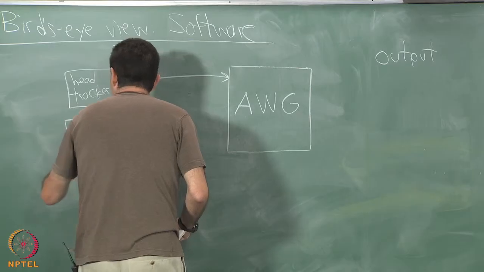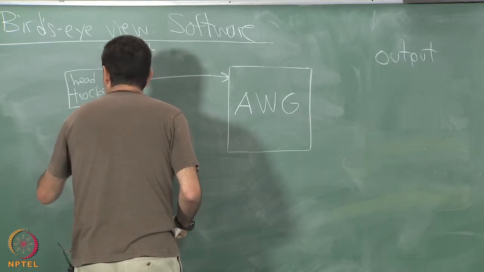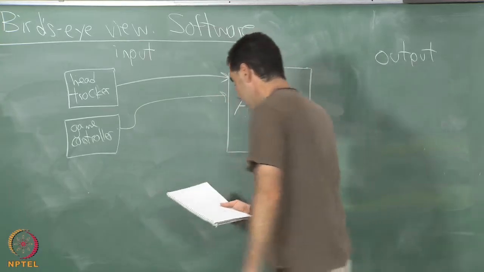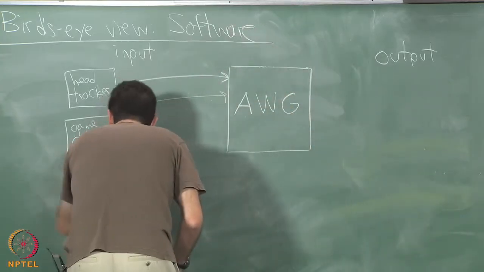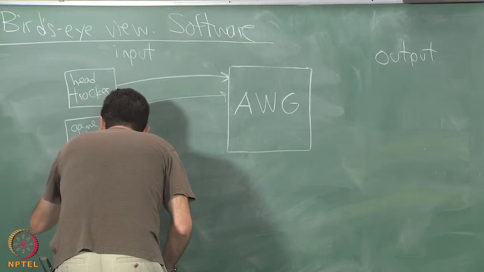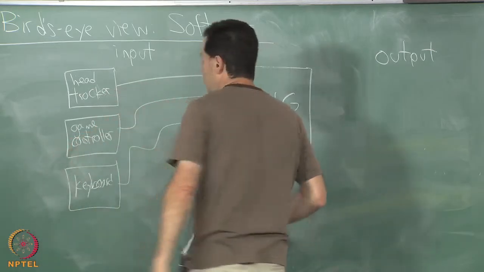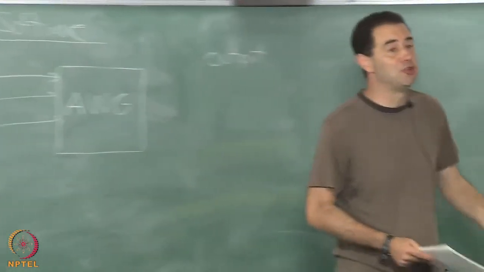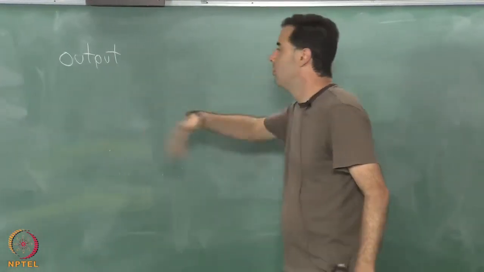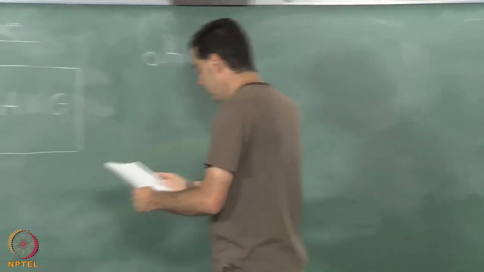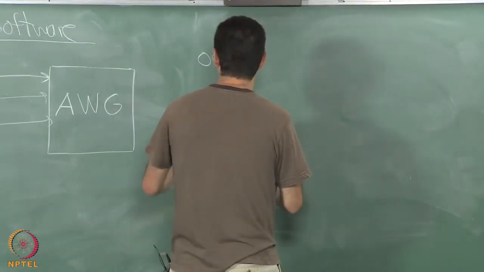It doesn't matter what in particular I'm putting in here; I just want to give you a high level view of the system. Keyboard. Maybe I can put a hand tracker in, whatever else. So there's information going into this. The alternate world generator has to use this information to make some kind of updates to the renderers.